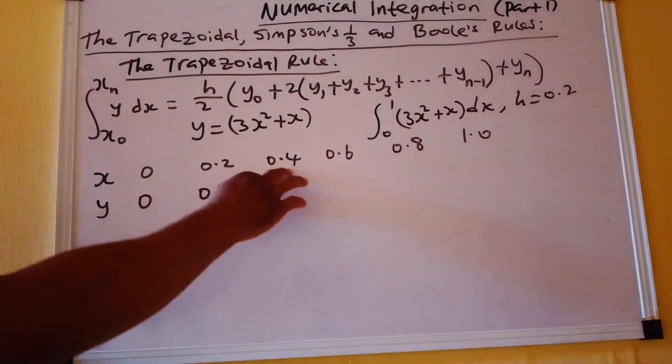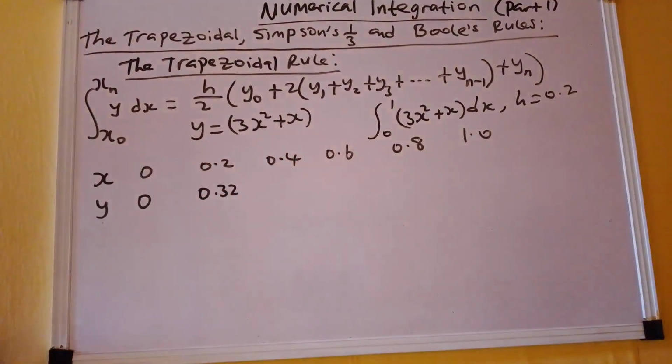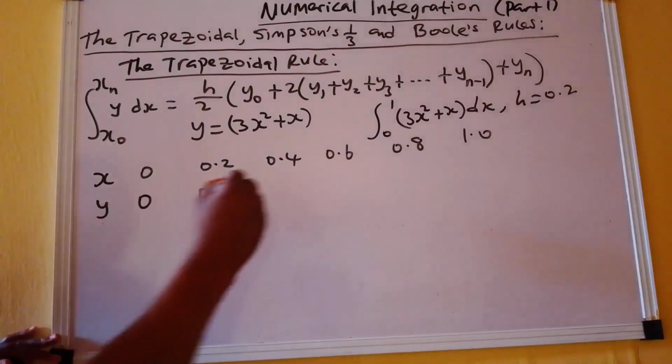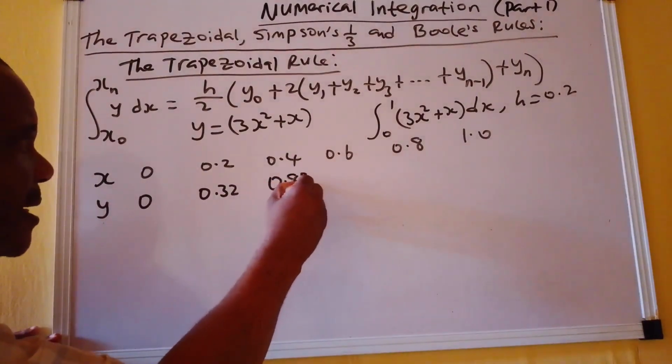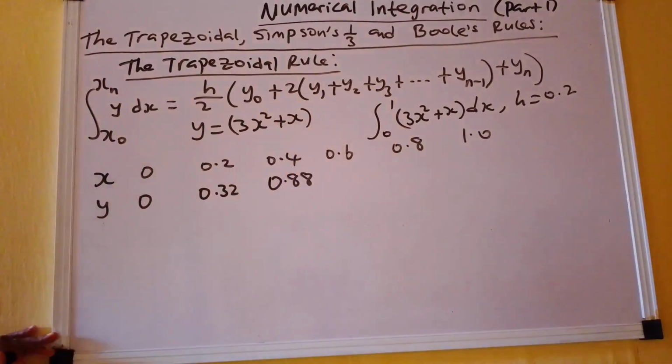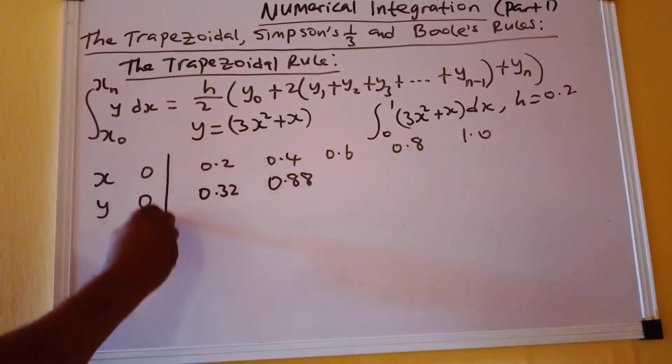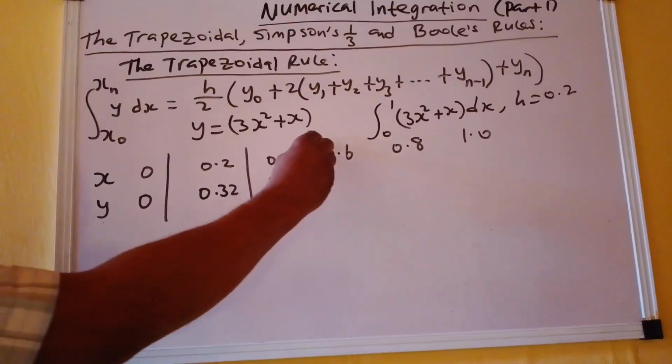When x is 0.4, 0.4 squared times 3 plus 0.4 gives 0.88.